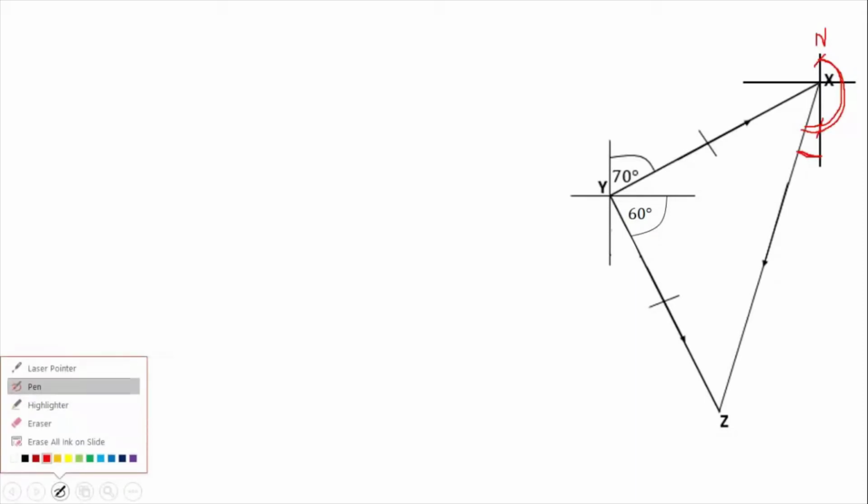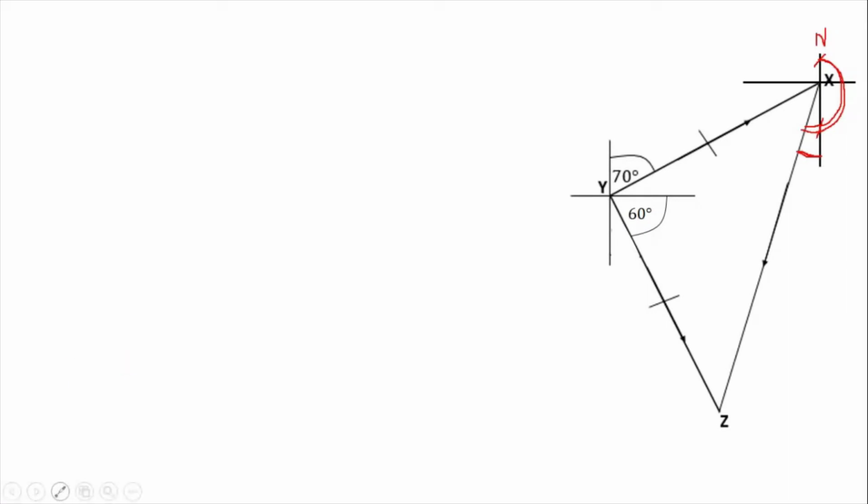Now let's start. We know that this triangle XYZ is an isosceles triangle, because an isosceles triangle has two of its sides being equal. So triangle XYZ is isosceles because YX and YZ are the same.